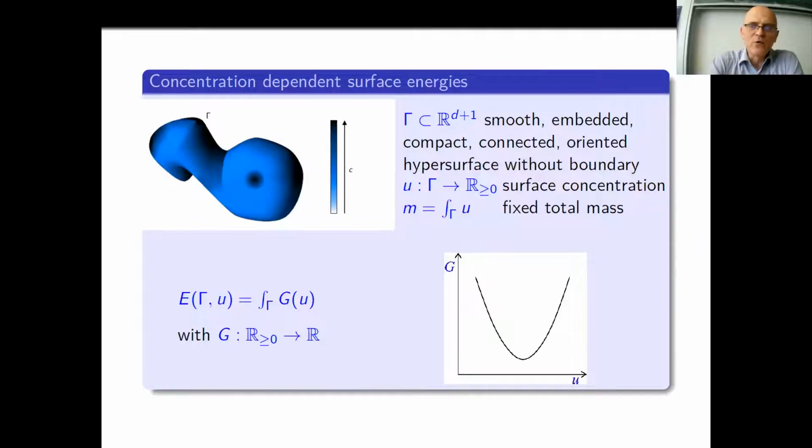And I have a new quantity, so this will also enter the energy now. As energy, I take the integral over Gamma of g(u), where g is a function, typically a convex function, and now I would like to flow both Gamma and u in such a way that the energy decreases.